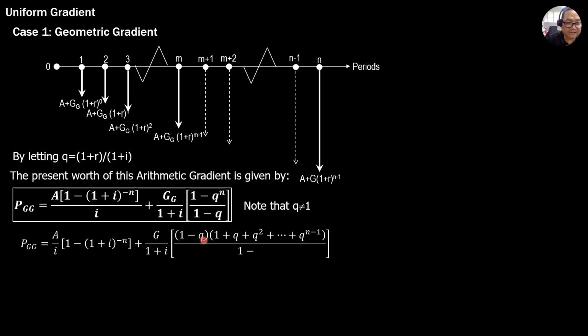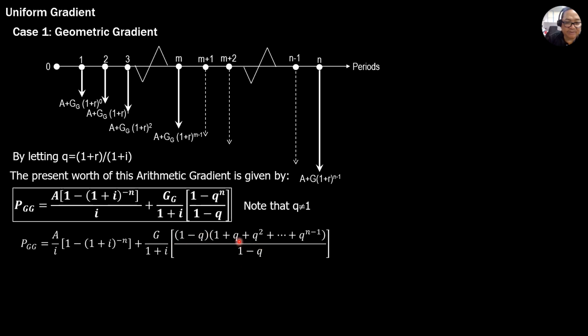If we factor this into 1 minus Q, 1 plus Q, 1 minus Q to the n, the factors will be 1 minus Q quantity 1 plus Q squared plus dot dot dot plus Q to the n minus 1 over 1 minus Q. And if Q is equal to 1, take note that we can cancel 1 minus Q here.